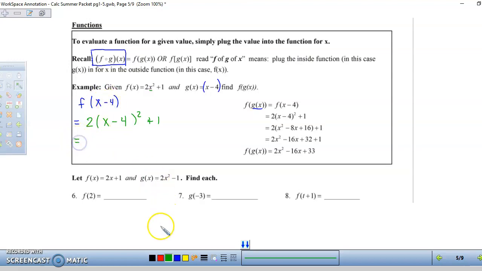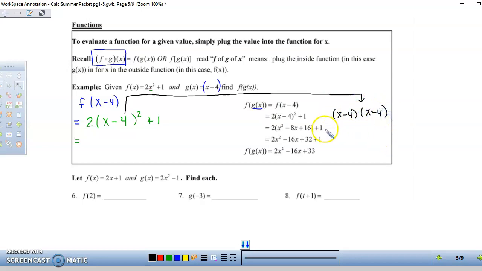Okay, after that, an algebra mistake that people make a lot is they simply say that this is x squared minus 16, and it is not. So off to the side here, I'm just going to calculate this for you. But you have to remember that x minus 4 squared is x minus 4 times x minus 4. And this is a huge, huge problem for a lot of people.